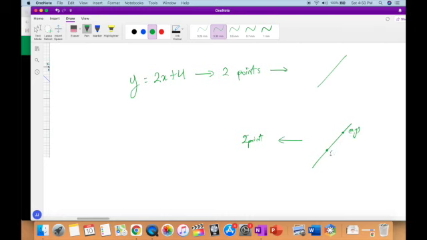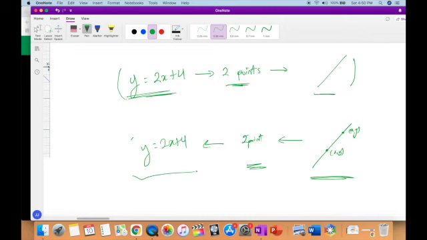And once you get the coordinates for the 2 points, then we will find the equation of the line. Yeah? So today we did this one, where you're given the equation, you find your points, you draw your line. Next week on Tuesday, we're going to do this one, where you're given the line, you find your points, and then you work out what the equation of that line is.